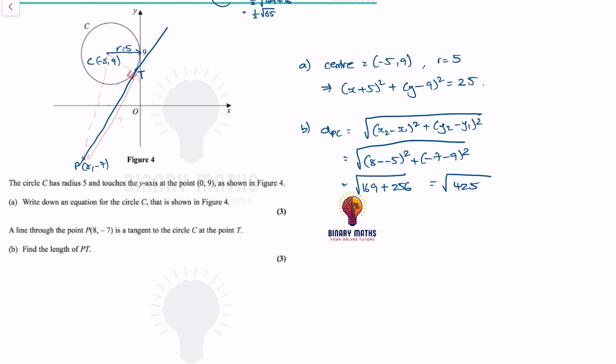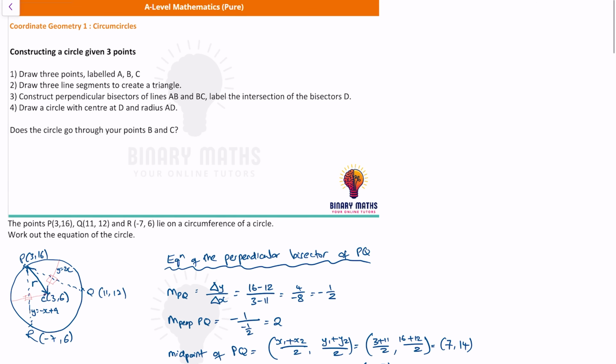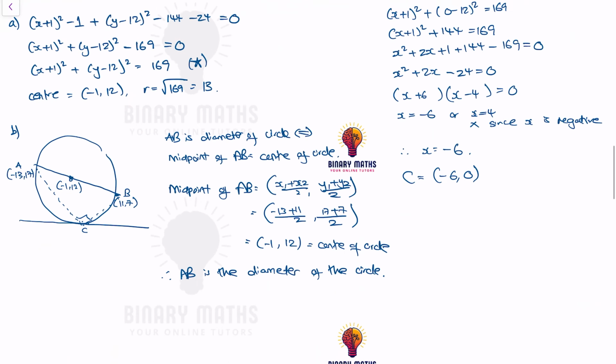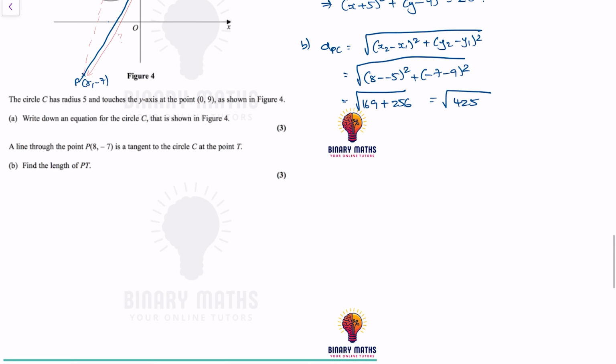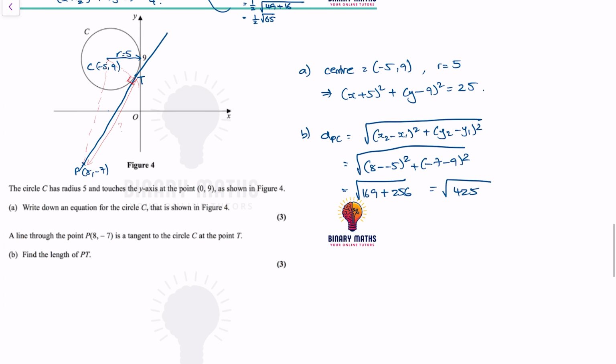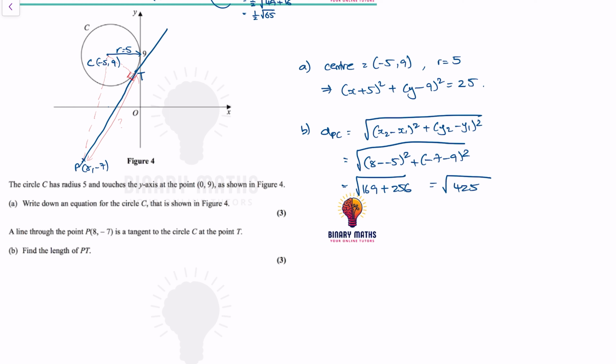Now, because we have a right angle triangle here, we call this distance PC, this side distance PT, and this is the radius.